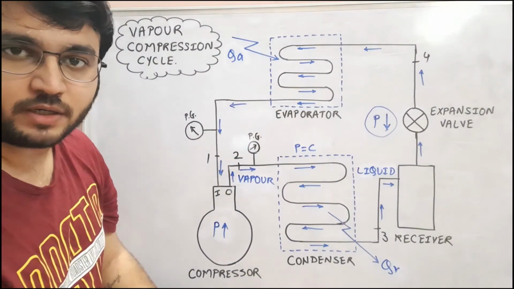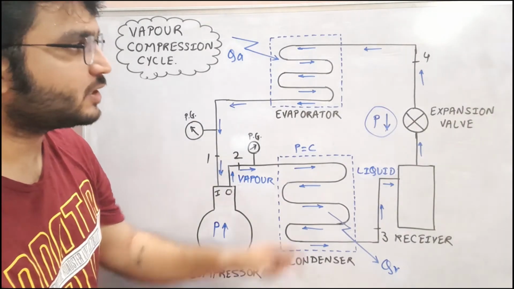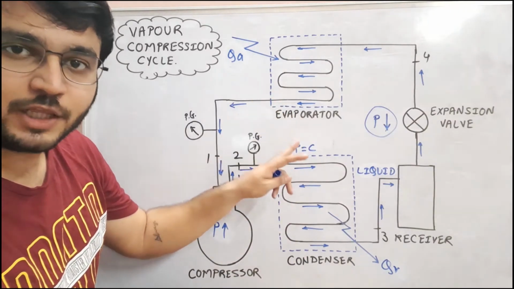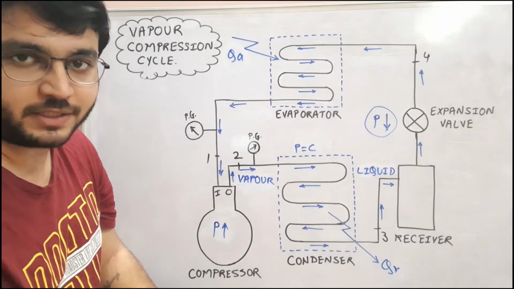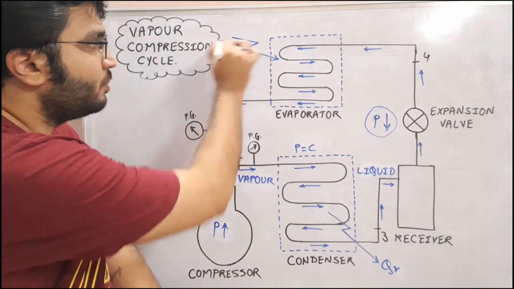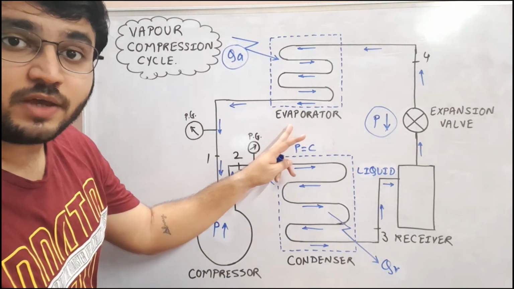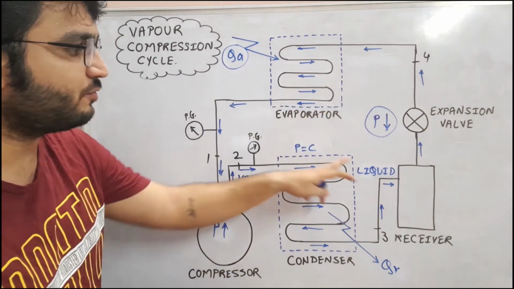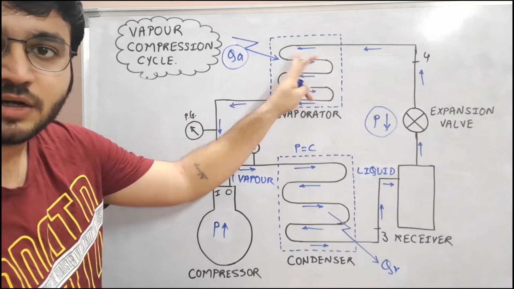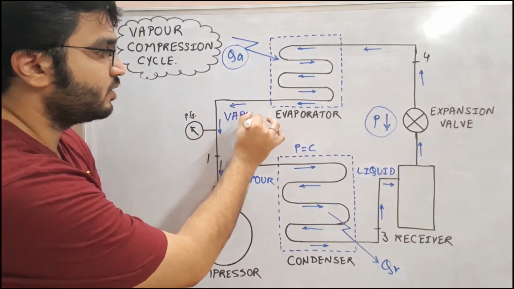And finally in the evaporator the heat will be absorbed by such low pressure liquid refrigerant from the food items which are stored inside the concealed space. So this heat absorbed will carry out the evaporation of the refrigerant. That means the liquid refrigerant which will be supplied to the evaporator will be converted into vapor refrigerant.